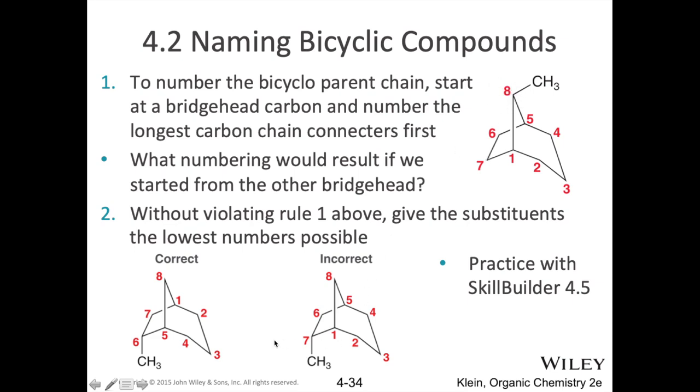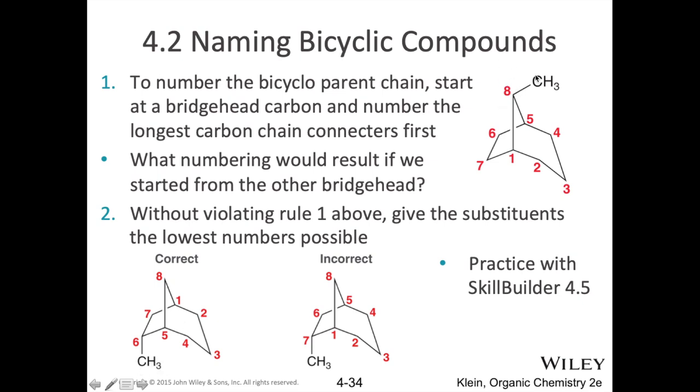Likewise, here, we've got 2 options for which bridgehead we start from. We could start from this bridgehead and go around this way, or start from this bridgehead and go around this way. This method is better because it gives us a lower number for our substituent, the methyl group here.